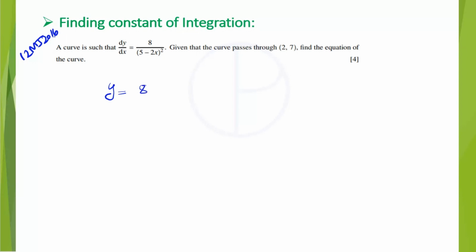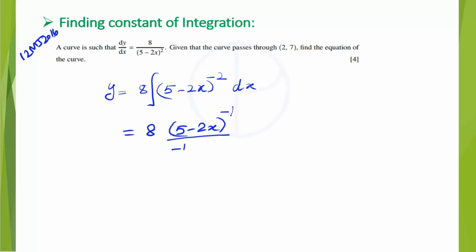8 integral (5 minus 2x) the whole power minus 2 multiplied by dx equal to 8 multiplied by (5 minus 2x) the whole power minus 1 divided by minus 1, multiplied by the coefficient of x, which is negative 2 here, plus c.